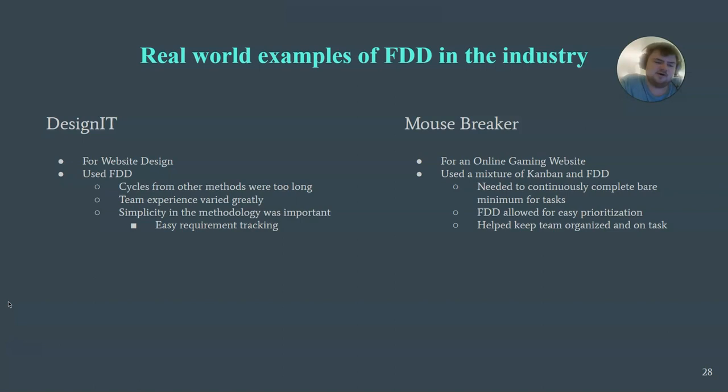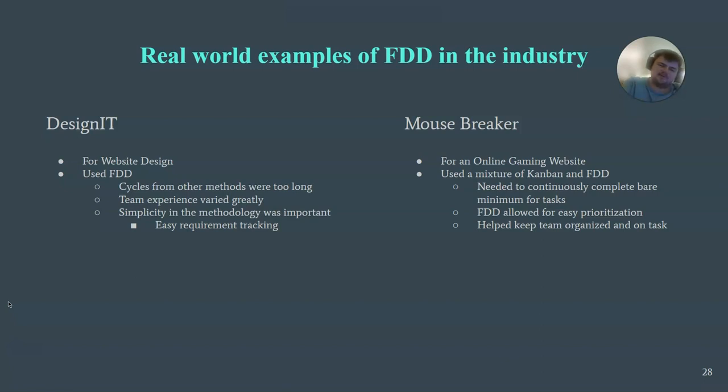They're a company that develops a large variety of different websites for a large variety of different clientele and purposes. So they needed an agile methodology to help keep up with the competition. They chose feature-driven development because when looking at other methodologies like Scrum, cycles ended up being too long.